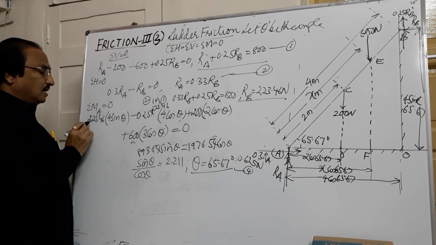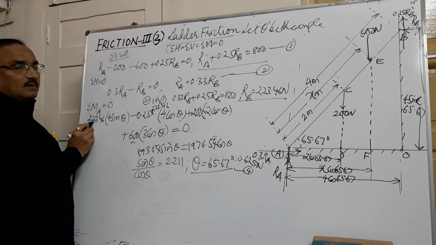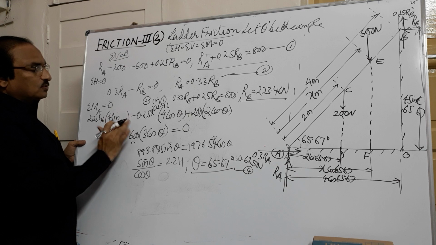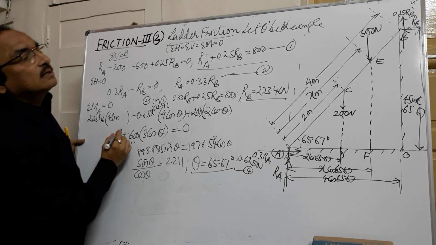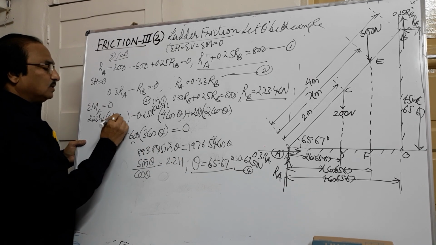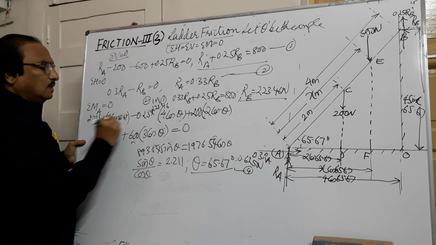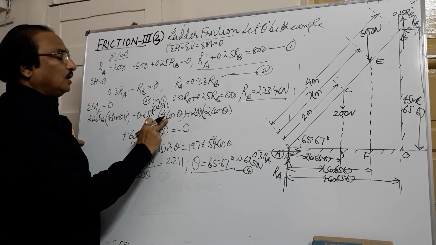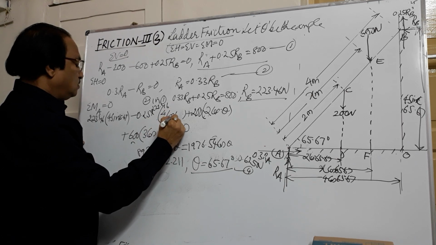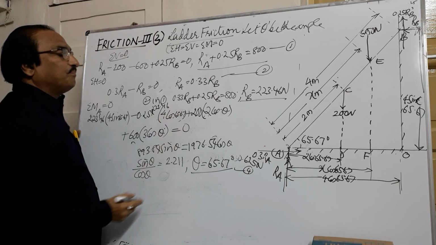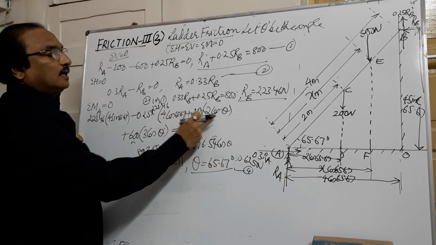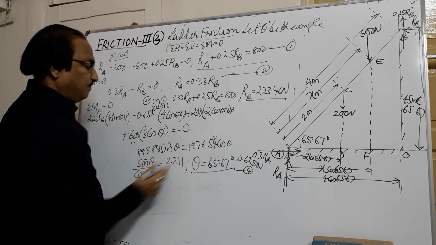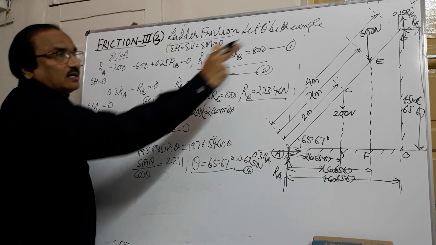Now when I start taking moments, you know the value of RB: 223.46 into 4 sin 65.67, minus 0.25 into RB into 4 cos 65.67, plus 200 into 2 cos 65.67. Now 600 is the weight of the person.